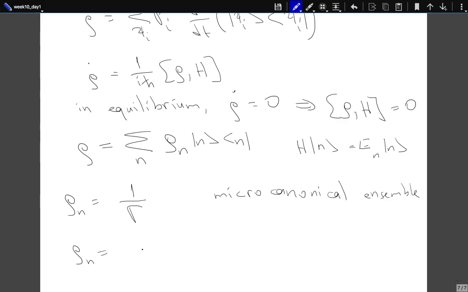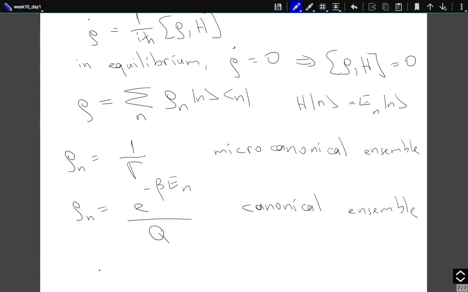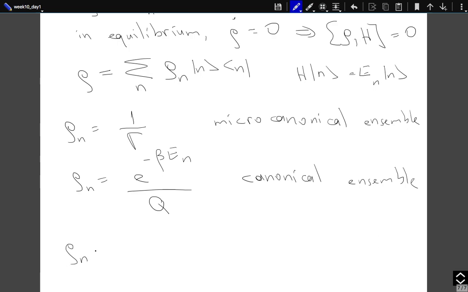Rho n is e to the power minus beta en divided by, let's just put q. This is the canonical ensemble. And then rho n is equal to e to the power minus beta (en minus mu n). This is the grand canonical ensemble.